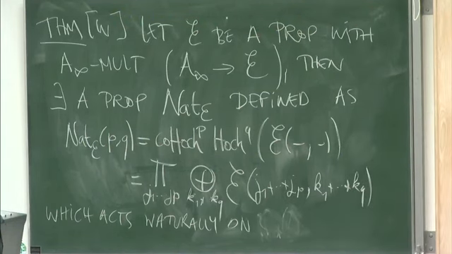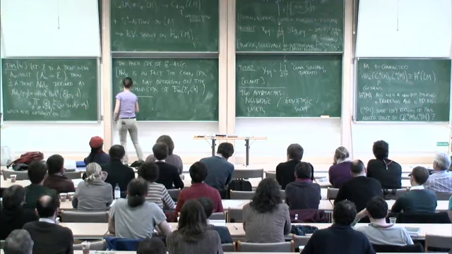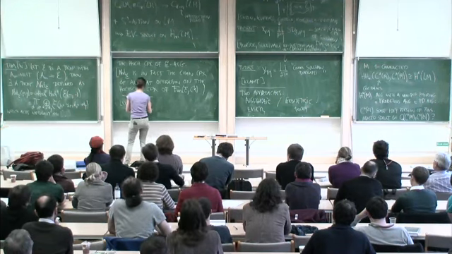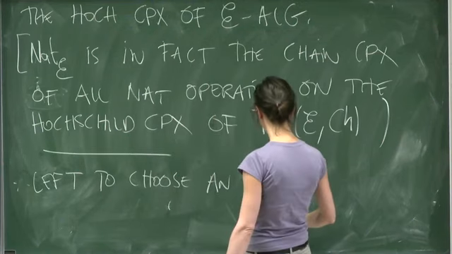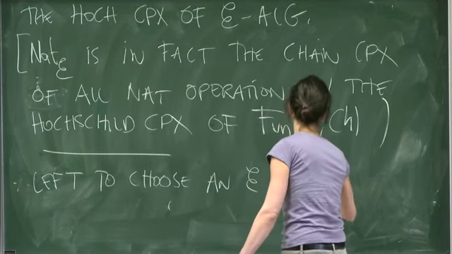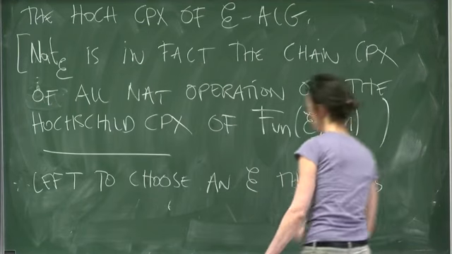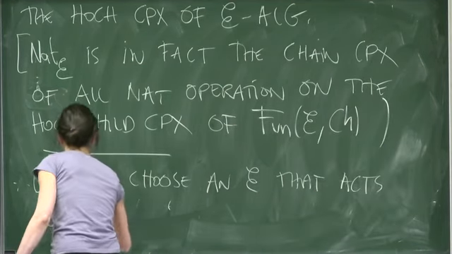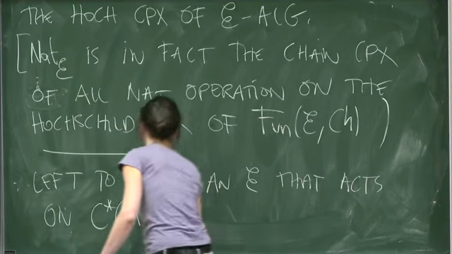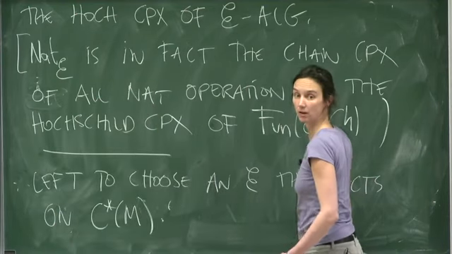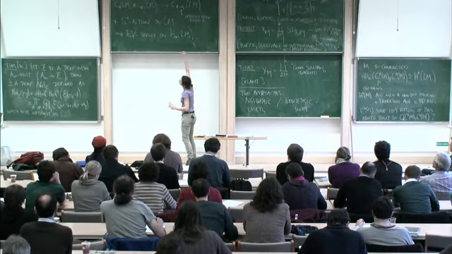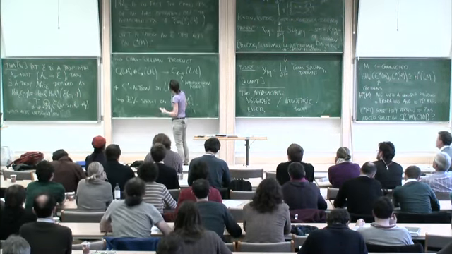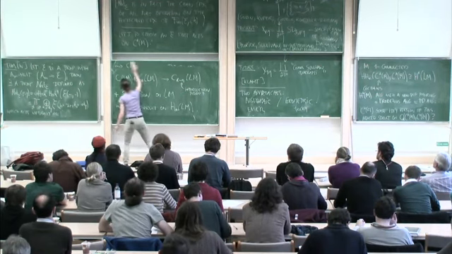So left to choose a prop E that acts on cochains of the manifold, and then try to read off what we get.